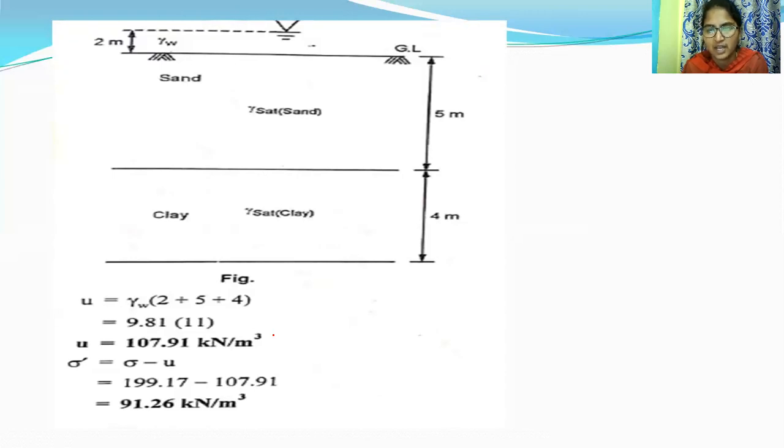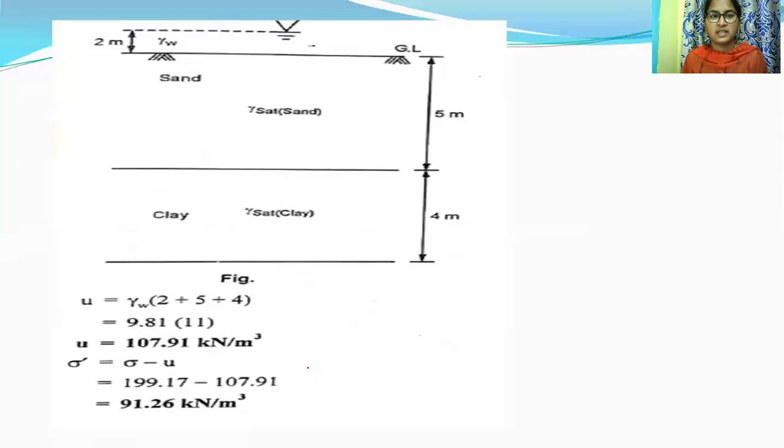So the unit weight of water is multiplied by the 3 layers, 2 plus 5 plus 4, that is 11. Finally, pore water pressure U is equal to 107.91 kilonewton per meter cube, and sigma dash is sigma minus U, which gives 91.26 kilonewton per meter cube.